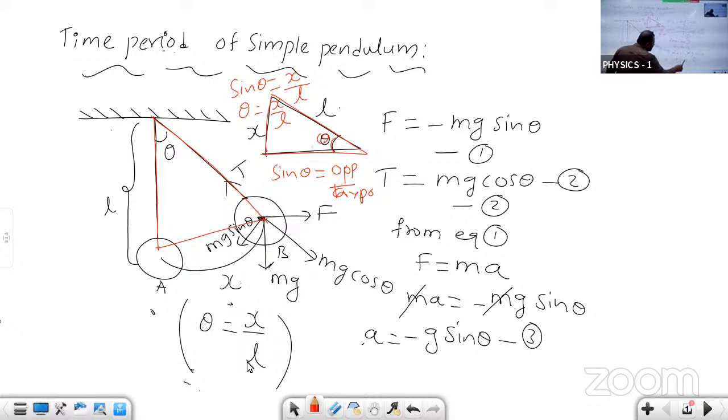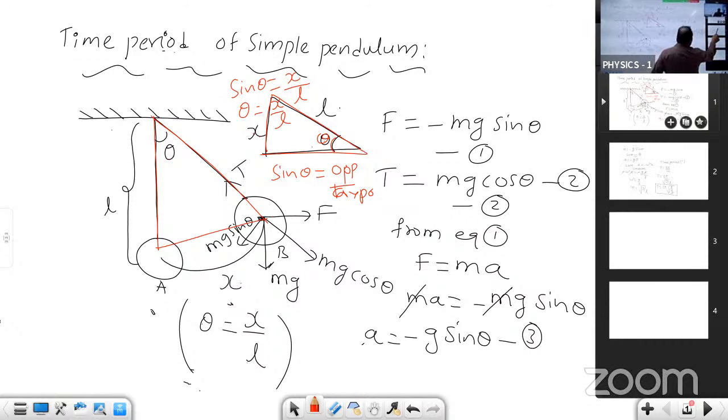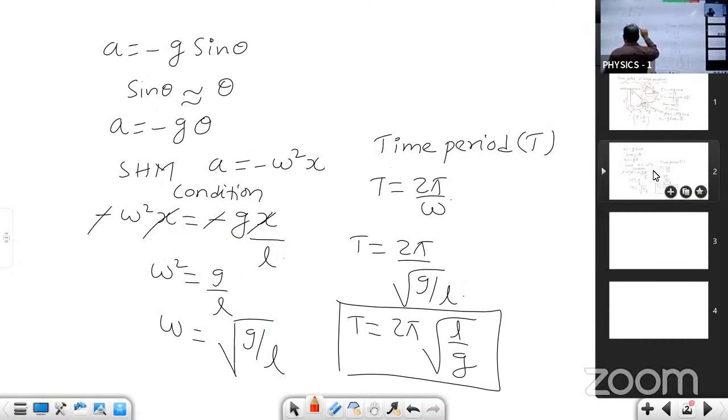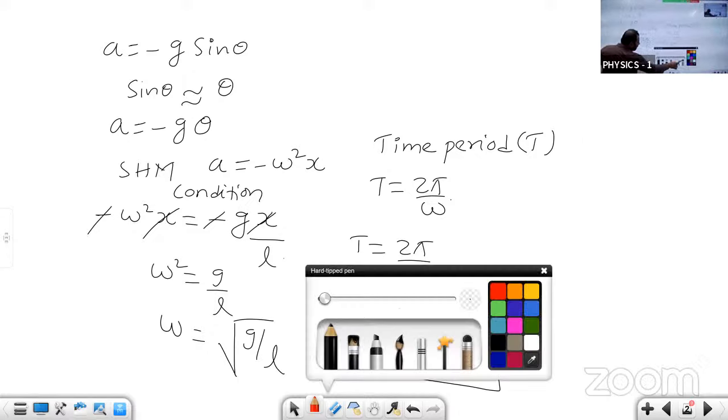A equals minus g sin theta. Now a equals minus g sin theta, approximately theta. Here we apply angle theta equals arc per length. So a equals minus g into theta, angle equals arc per length.